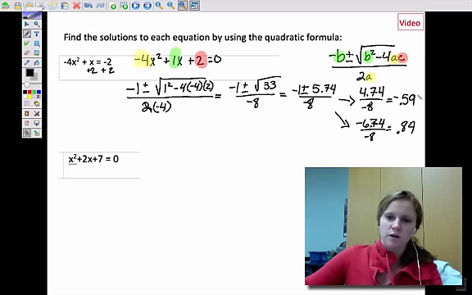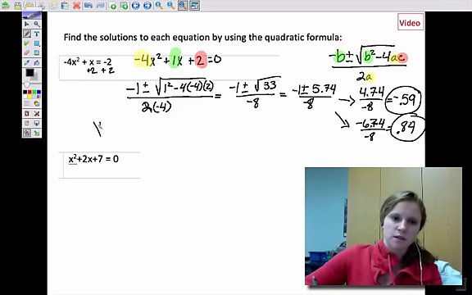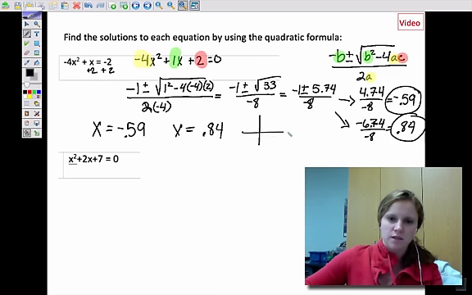Those are our two roots: x equals negative 0.59 and x equals 0.84. So this is a very skinny parabola that hits at negative 0.59 and 0.84.